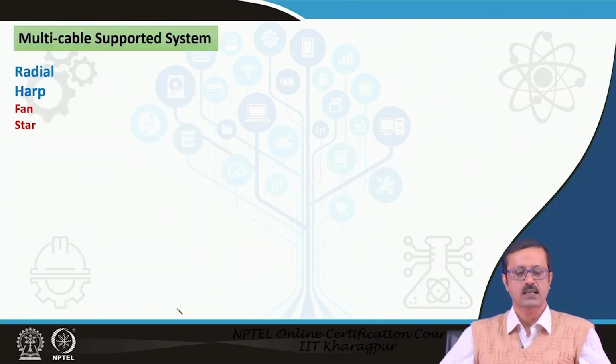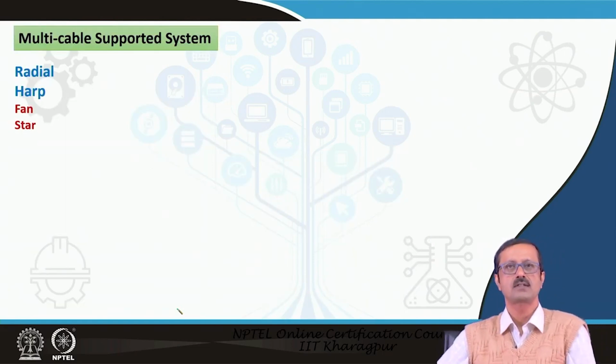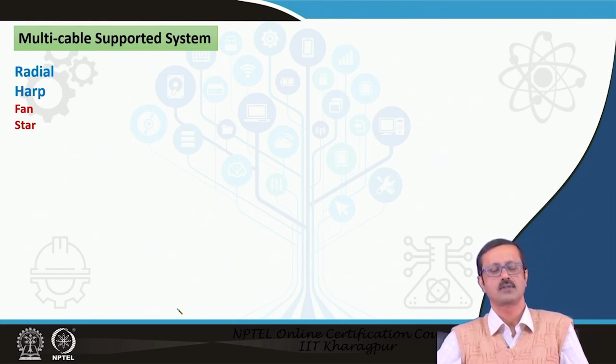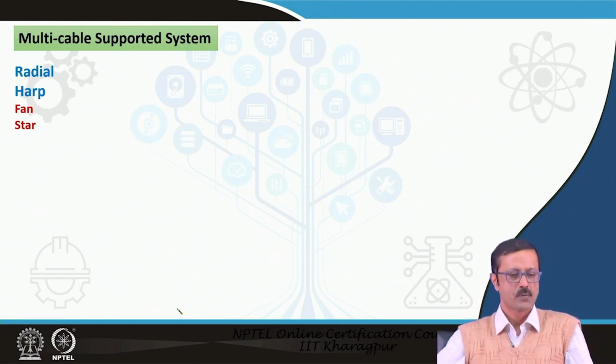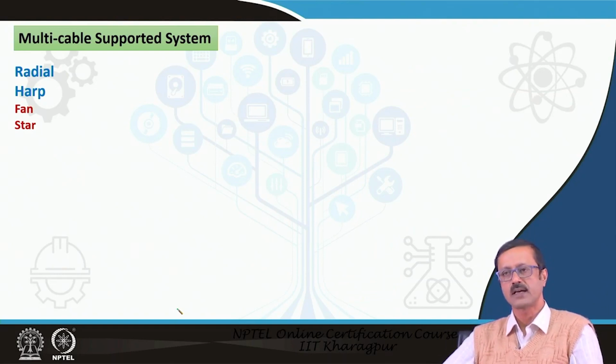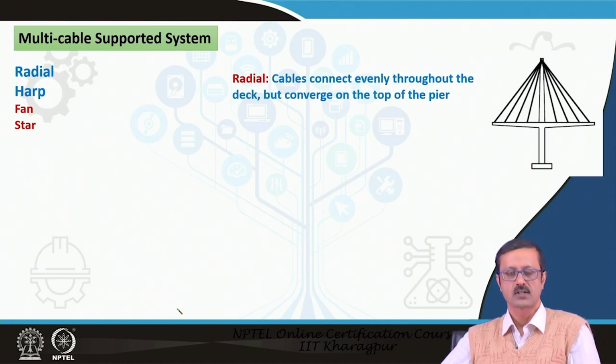The multi cable systems are also there, where instead of one cable we can use multiple cables. Of course, in the last figure we saw multi cable systems, but what we will discuss now are the types of multi cable systems that exist because of the different types of deck and pylon supporting both.